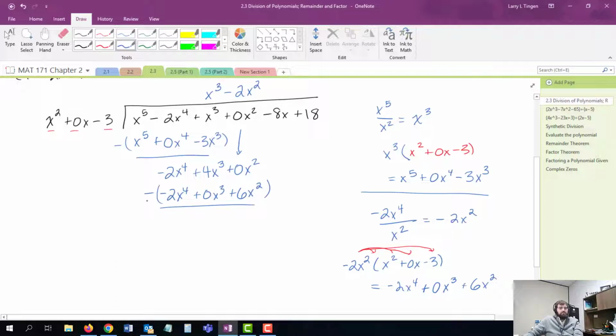Subtract. Negative 2x to the fourth minus negative 2x to the fourth is 0. We did it right. 4x cubed minus 0x cubed is 4x cubed. 0x squared minus 6x squared is negative 6x squared.